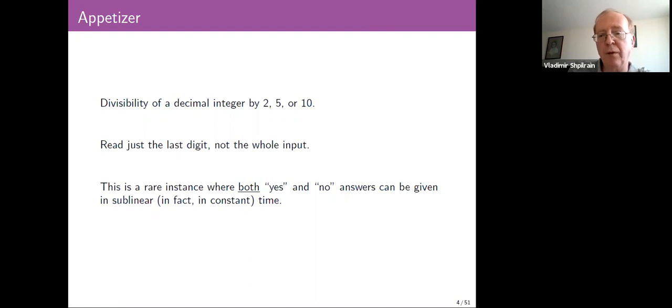So with a different normal form, it would be different. Like if it was a binary form, then you would be able to decide divisibility by 2 by looking at the last digit, but not divisibility by 5, right? So this kind of depends on the normal form that you have for your input.